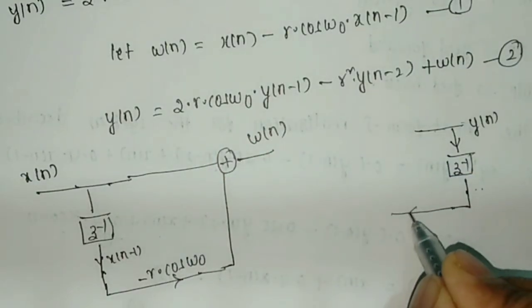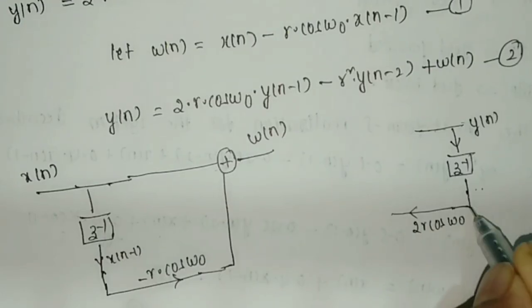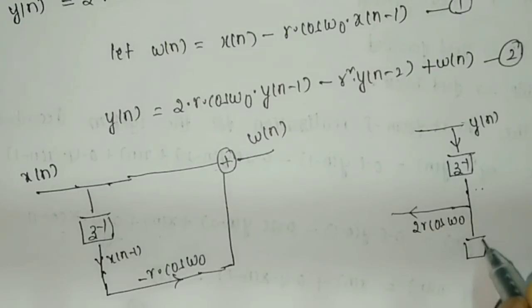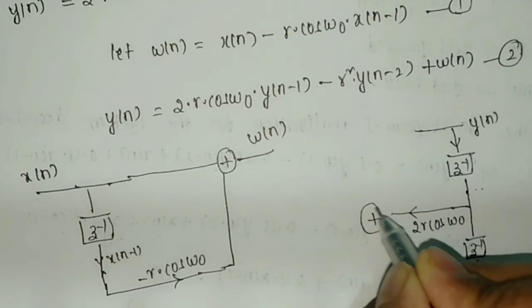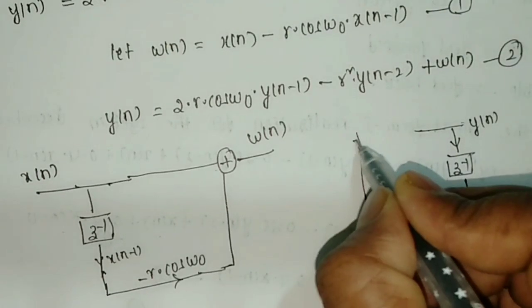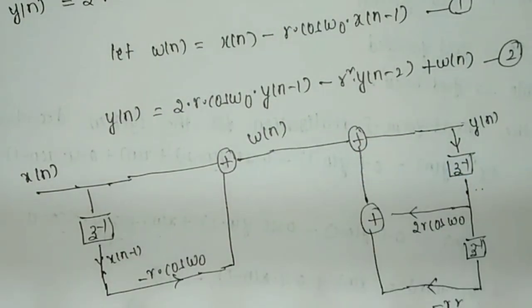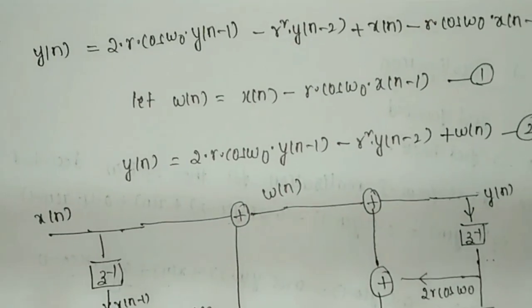So the coefficient here is 2r cos omega naught, and with another delay element it becomes y of n minus 2, which is multiplied with minus r square. You are going to add these two, and later you are going to add this to the w of n. So this is the structure of this question, the direct form structures.